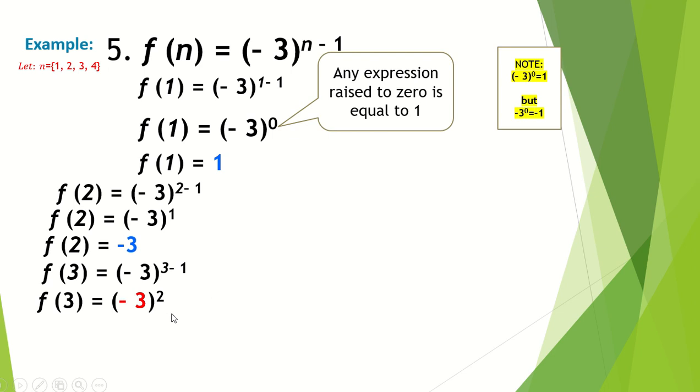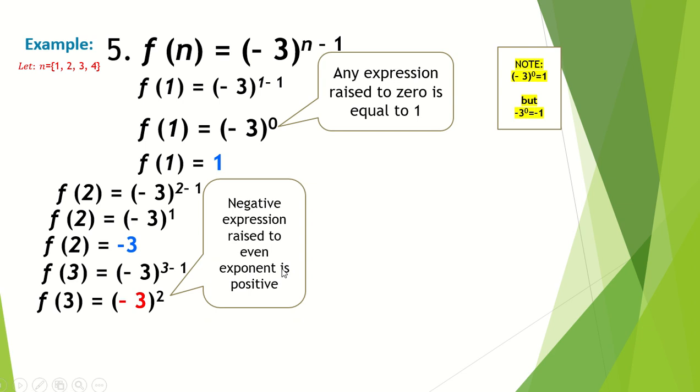By general knowledge, a negative expression raised to an even exponent is always positive. For example, negative times negative is positive. With 4 factors: negative times negative is positive, times negative is negative, times negative is positive. So this one is positive 9, since negative times negative is positive, and 3 times 3 is 9.